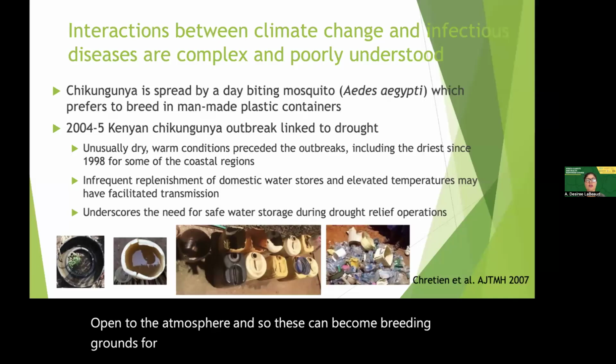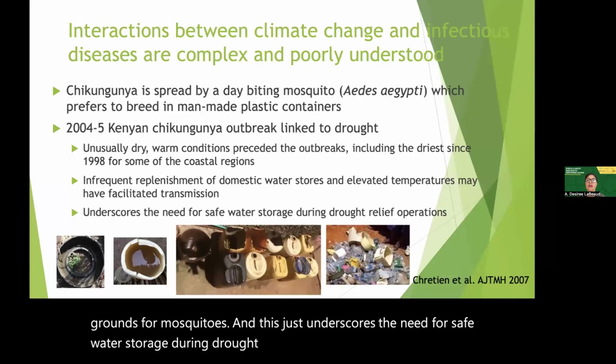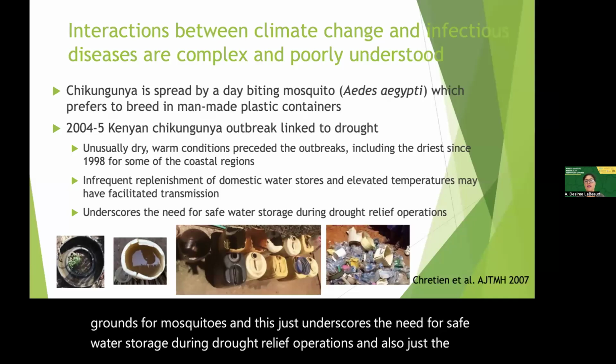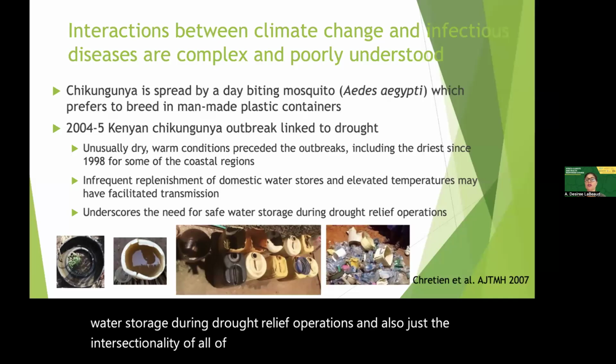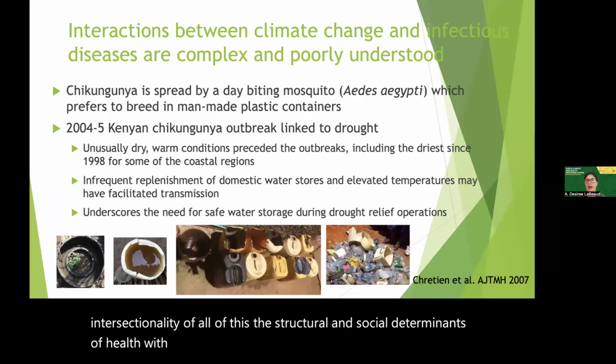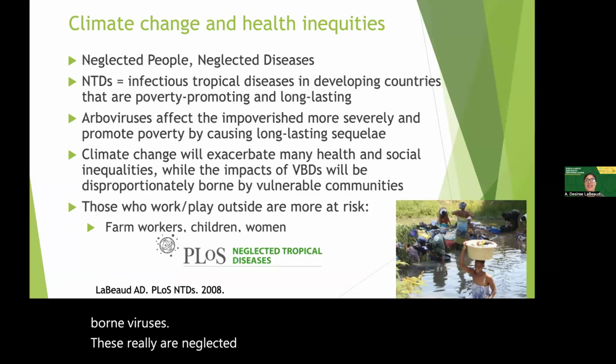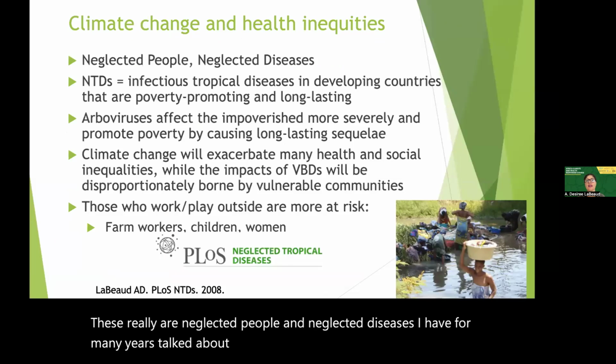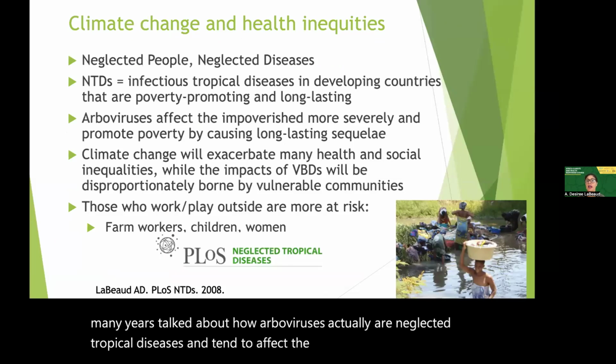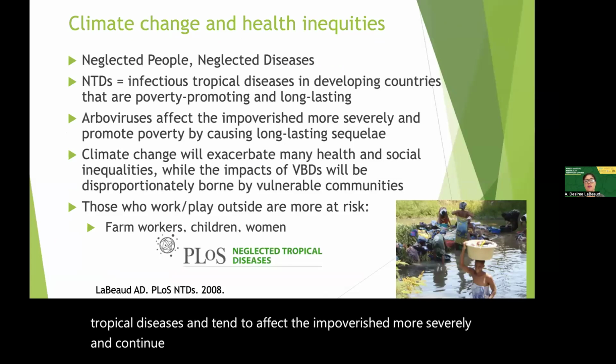And this just underscores the need for safe water storage during drought relief operations, and also just the intersectionality of all of this. The structural and social determinants of health, which often underlie a lot of exposure to these mosquito-borne viruses. These really are neglected people and neglected diseases. I have, for many years, talked about how arboviruses actually are neglected tropical diseases and tend to affect the impoverished more severely and continue to promote cycles of poverty because they do cause long-lasting sequelae, right?